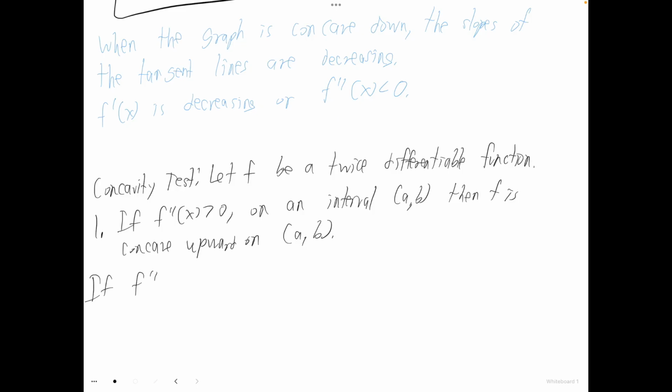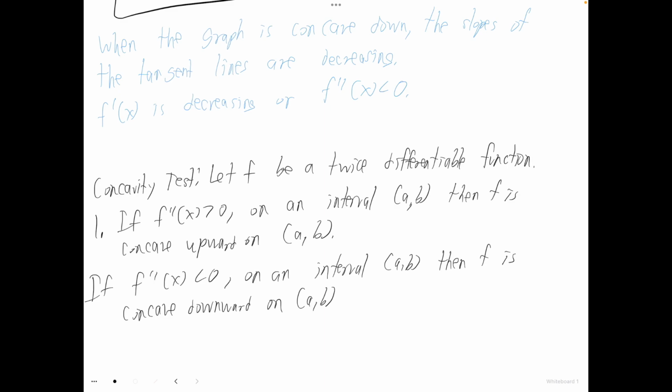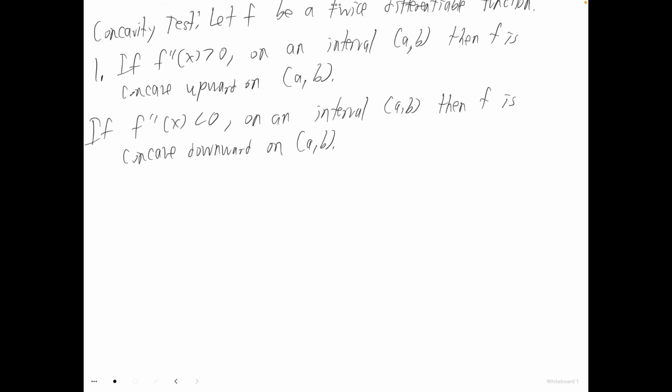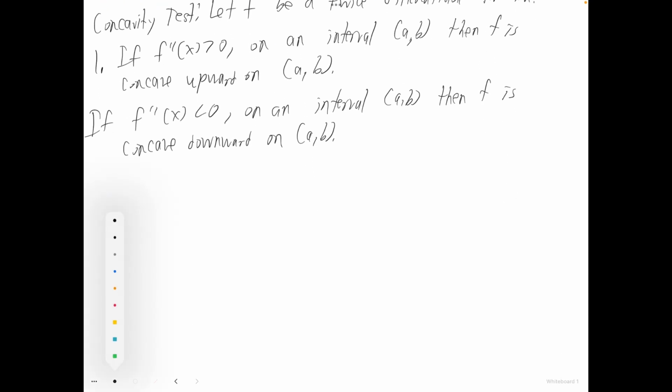And if the second derivative is less than 0 on an interval a to b, then f is concave downward on that interval a to b. So you're concave up if the second derivative is positive, and concave down if the second derivative is negative.